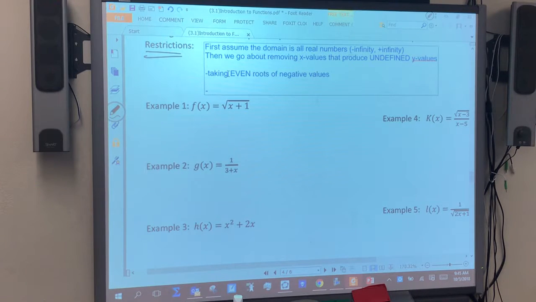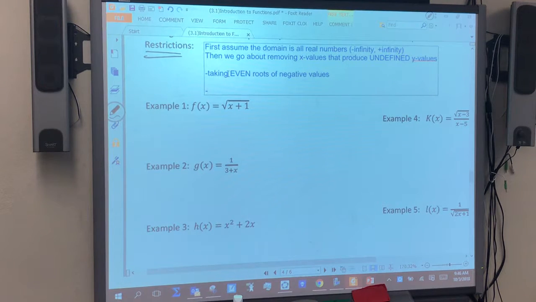Because when I say even roots, if I ask you to take the fourth root of something, is that taking the square root of a square root? So I take the square root of like negative 4, I get 2i. Well, when I take the square root of 2i, it's going to be still imaginary. Does that make sense? Okay. So taking even roots of negative numbers provides us issues.